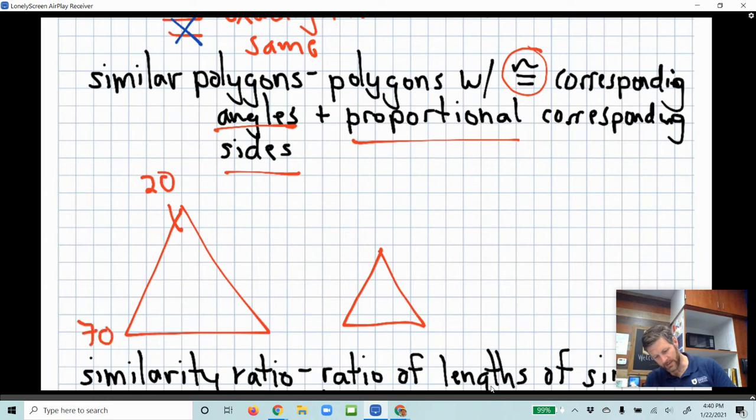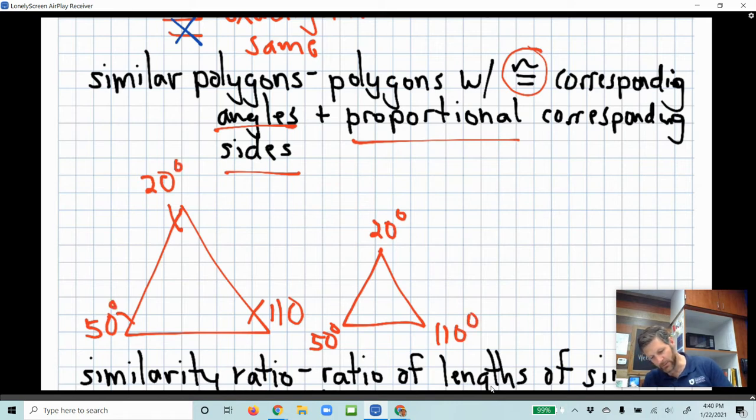All right, 20, 70, so that's 90, and so then this one would be, I'm trying to do my math real quick, sorry. I'm having trouble making up angles here. 20, 50, and 110. All right, that doesn't look right, but who cares? So you've got those three angles. If this one is similar to that one, then the angle measurements would still need to be 20 degrees, 50 degrees, and 110 degrees. Okay?